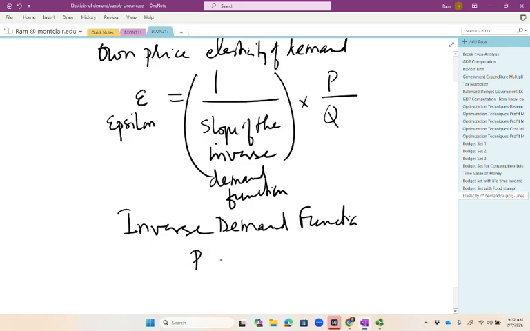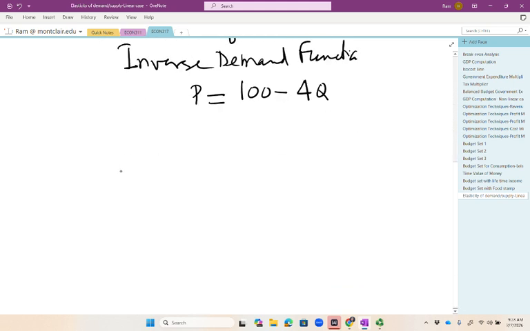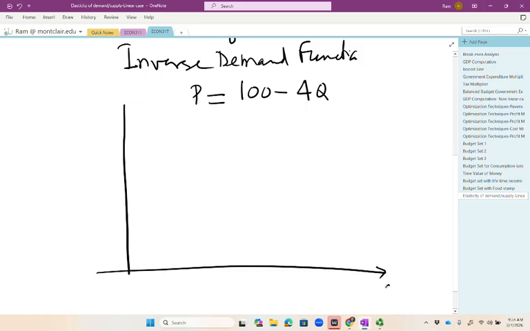So we begin with the case where we have been specified the inverse demand function, which is price on the left hand side, price as a function of quantity. So let's say this is given as 100 minus 4 times Q. I will draw this inverse demand function. We should always have this habit of being able to draw the graphs wherever feasible.